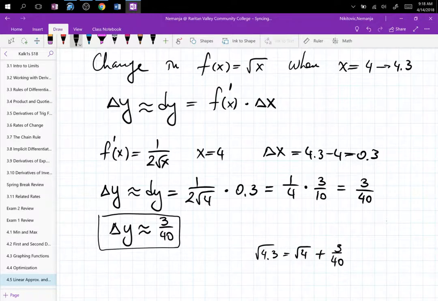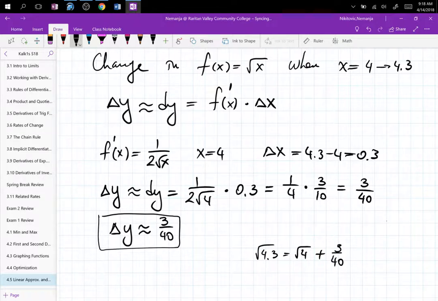So the square root of 4.3 would be the square root of 4, which gives you most of the number, and then just a little bit extra. And that's the change that you get in y. So you can use differentials to compute everything that we computed with linearization. Because you can compute the base number and then just fix it a little bit with the differential, and that's that.